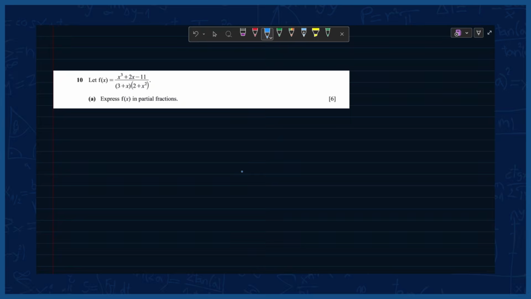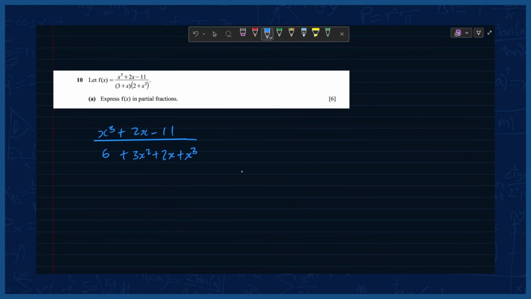So in our case, if you expand your denominator, you find that it's going to be an improper fraction. So let's do that. That's your x cubed plus 2x minus 11, and it is being divided by 3 times 2, which is your 6, 3 times x squared, 3x squared, then we've got x times 2, so plus 2x, and then x times x squared, which is your x cubed.